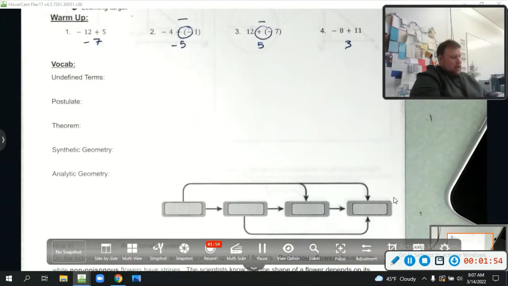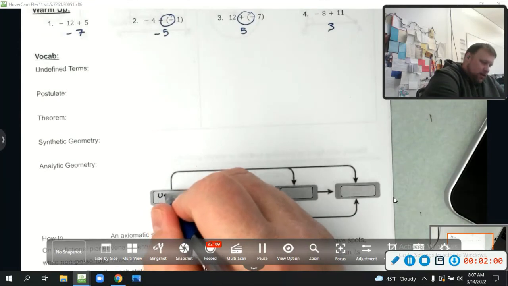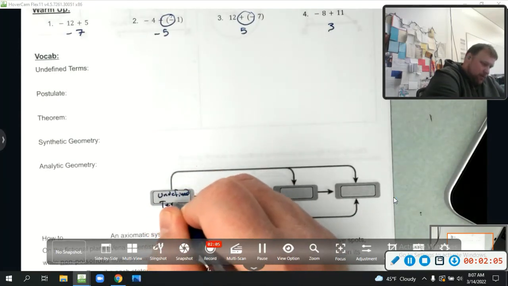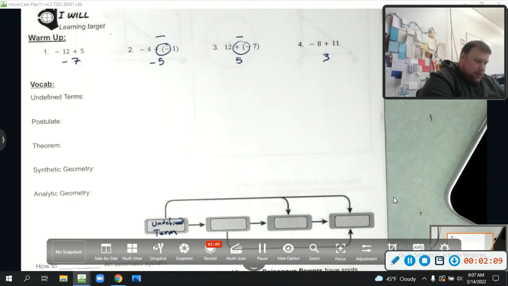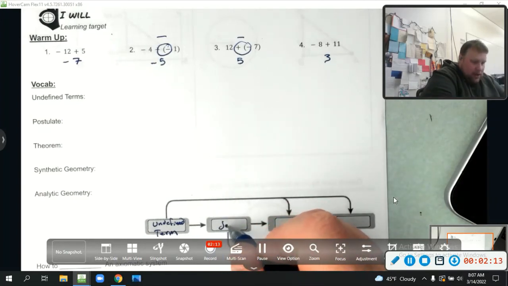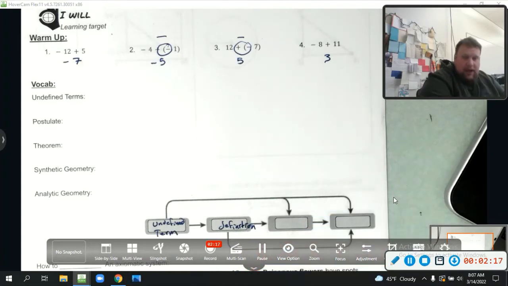I want to talk to you kind of about the flow chart of how it works. So first of all, if we have an undefined term, we see it kind of going right here. The first place it goes to is a definition. That means sometimes we're going to define those terms.